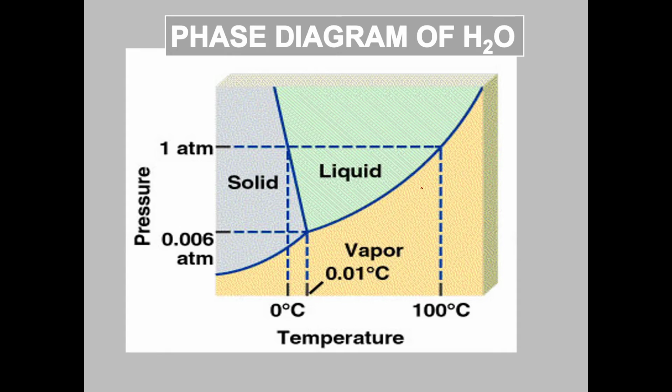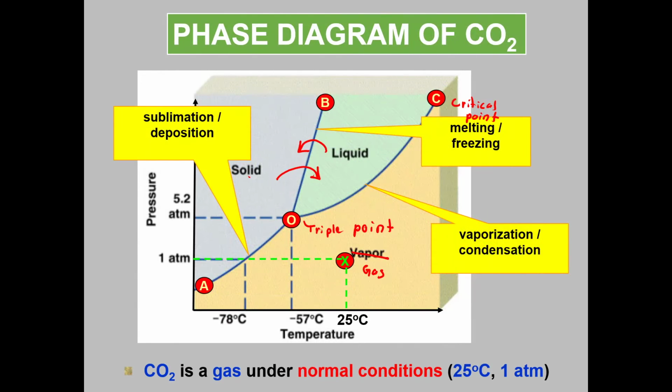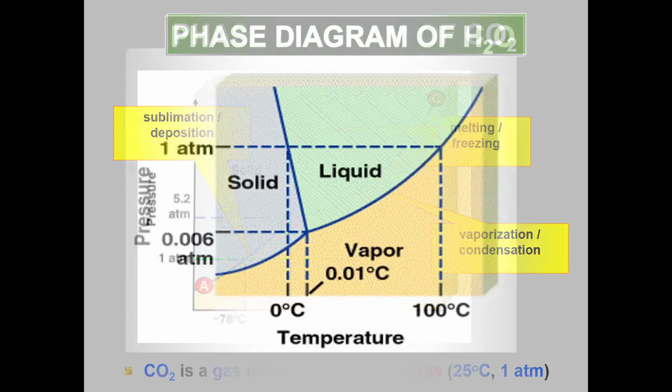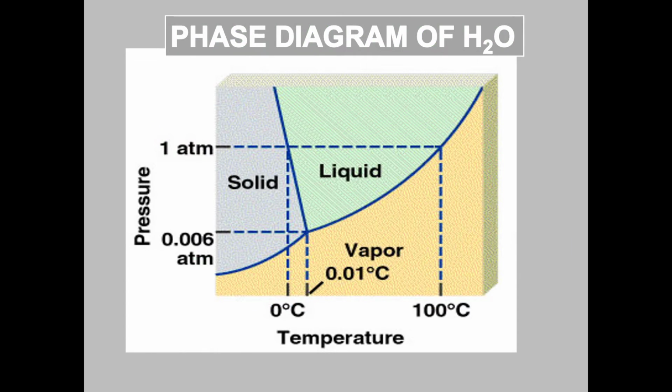Okay, this is the phase diagram of H2O. Do you see any difference? Do you see line O and B? Okay, the slant, the gradient of line O and B is different for CO2 and H2O. For CO2, its line is like this.